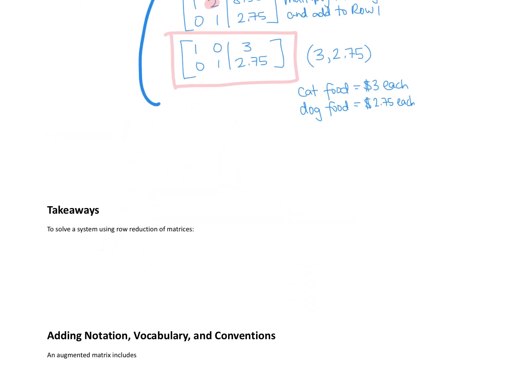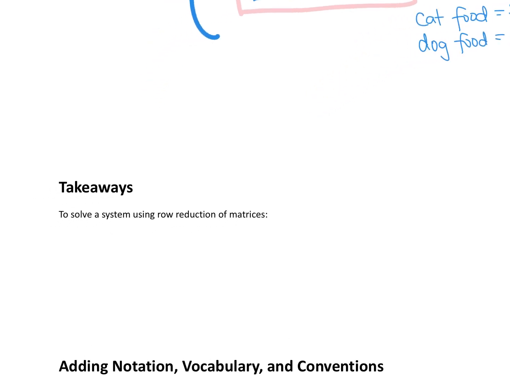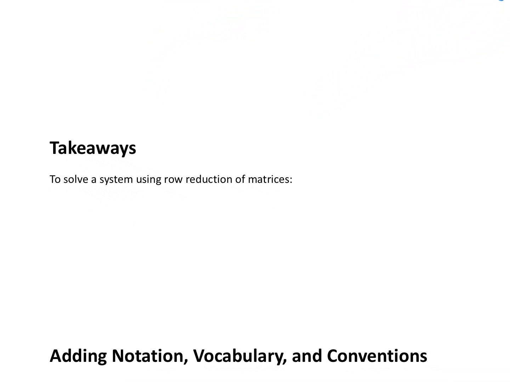All right, how to solve a system using row reduction, right? Row reduction was using those row operations. So this is called row reduction, again, is called Gaussian elimination. Okay, so let's add in those details. Gaussian elimination.